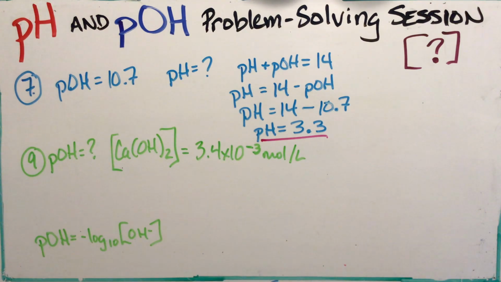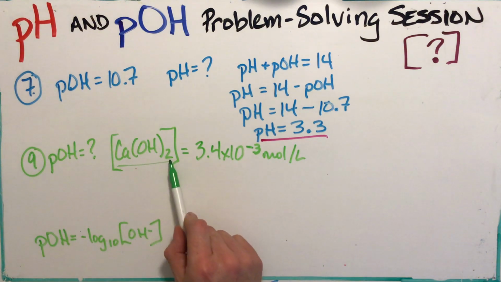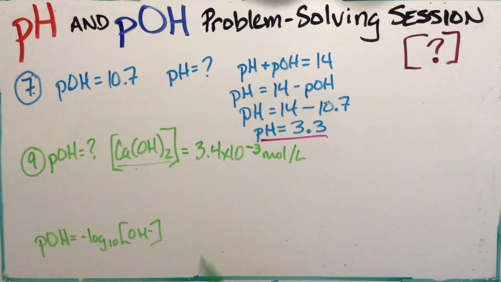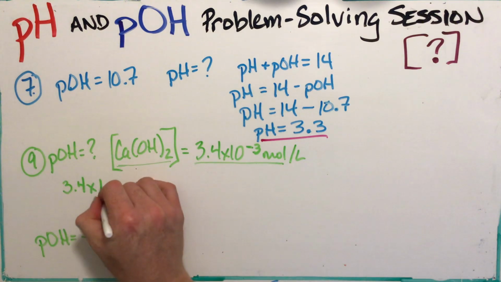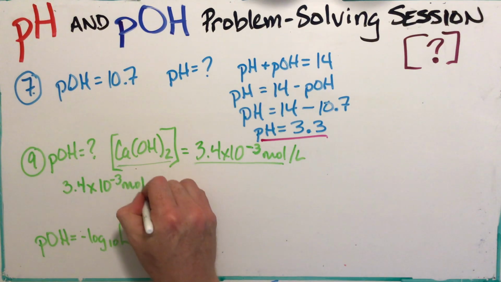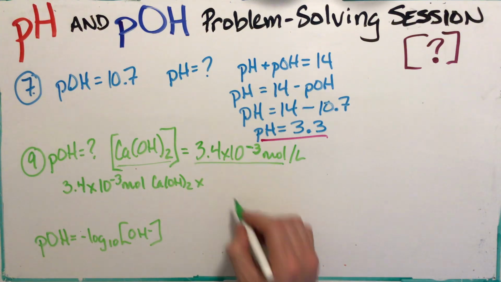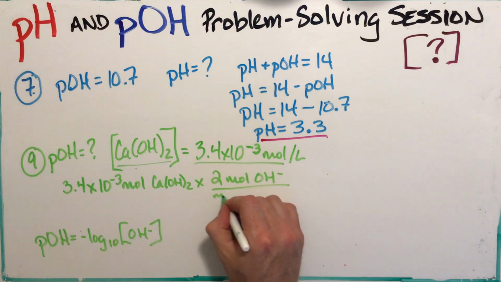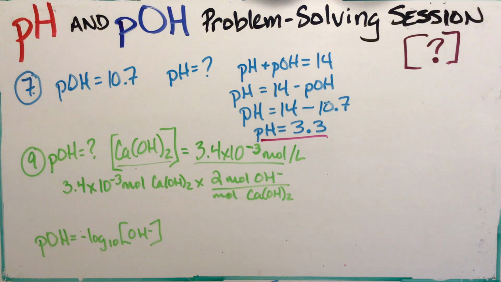So I'm going to have to do that step like we had in number 5. I know that every calcium hydroxide has 2 hydroxides in it. So I'm going to take the molar amount of this and do that extra step. So 3.4 times 10 to the negative 3 moles of Ca(OH)2, and I'm going to multiply it by 2 moles of hydroxide for every 1 mole of Ca(OH)2.